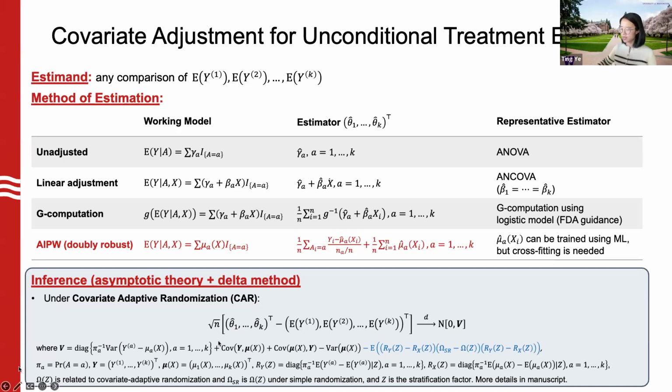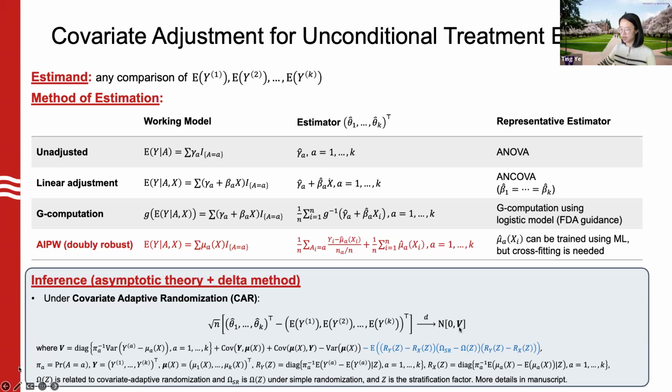So we collect this vector of estimators for the estimand, and then we show that this estimator is always centered at the estimand without any modeling assumption, and it's asymptotically normal.